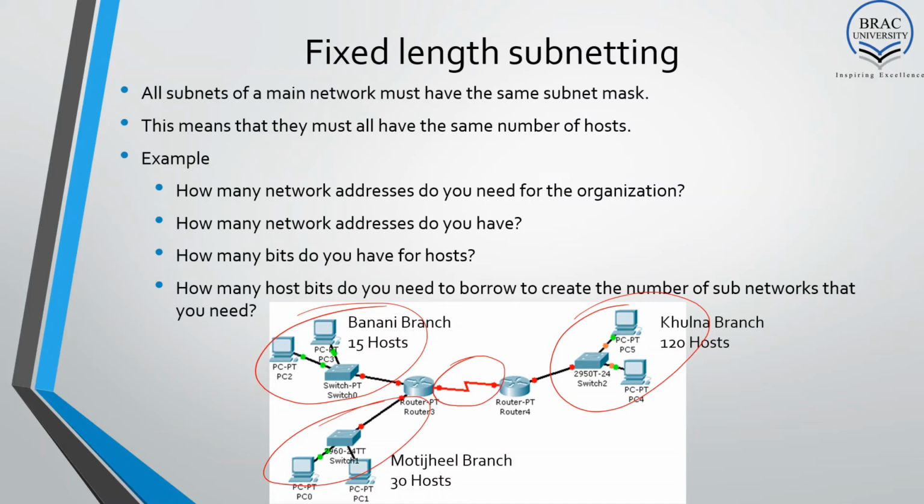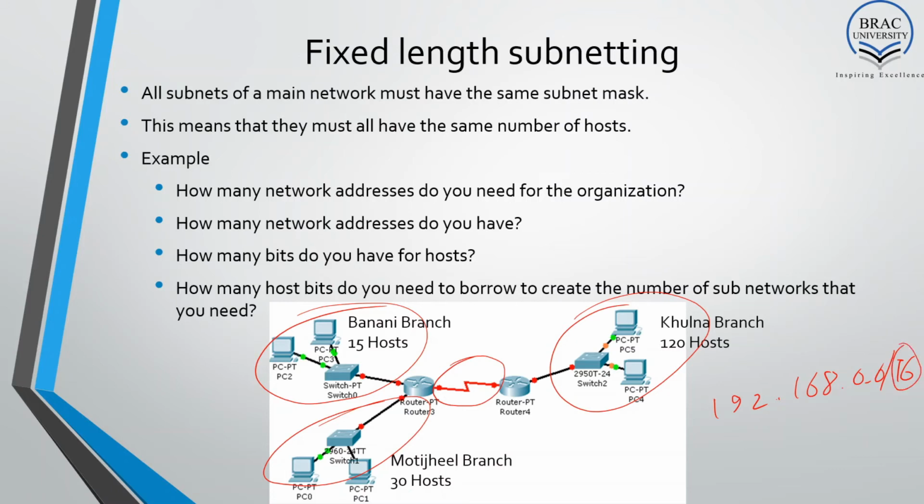So for example, how many networks do you need for the organization? In this figure, we need 4, like 3 LANs and 1 WAN. How many network addresses do you have? I have only one network address, one large one, 192.168.0.0/16. This is the large network I have. How many bits do you have for hosts?